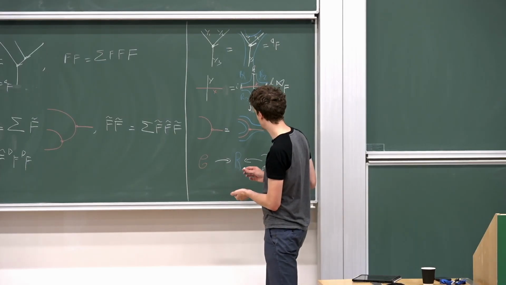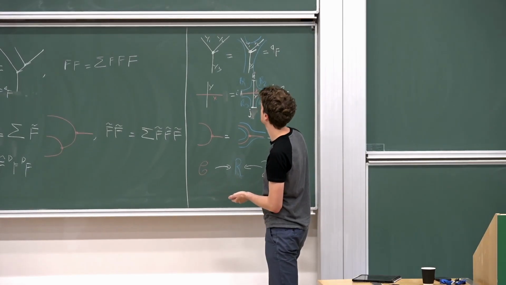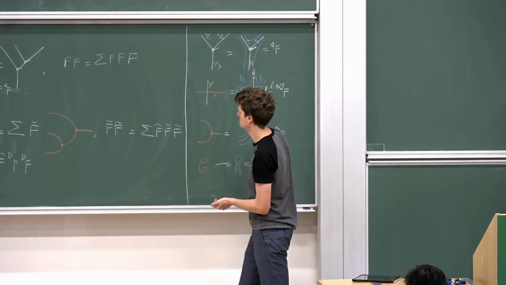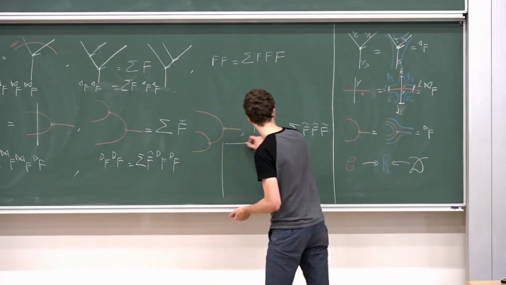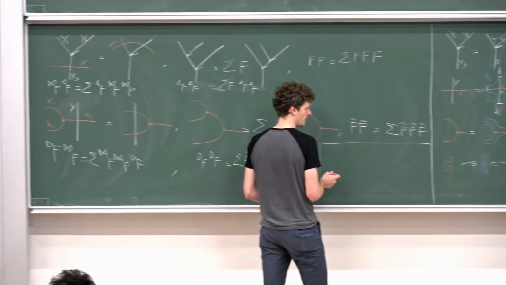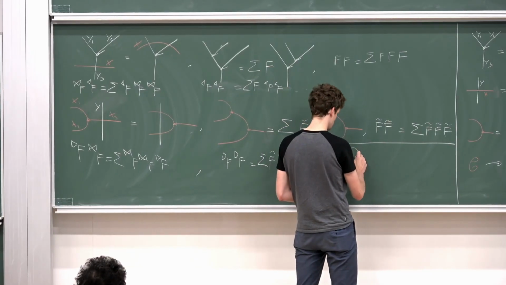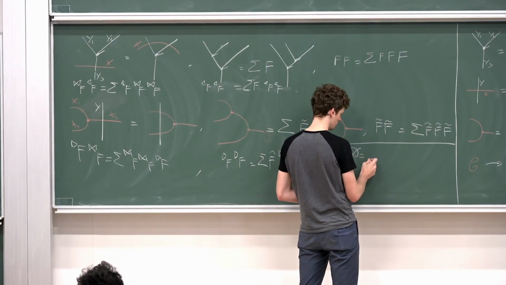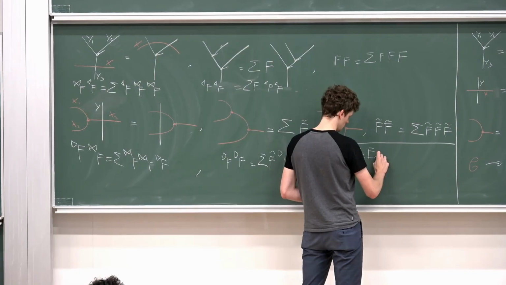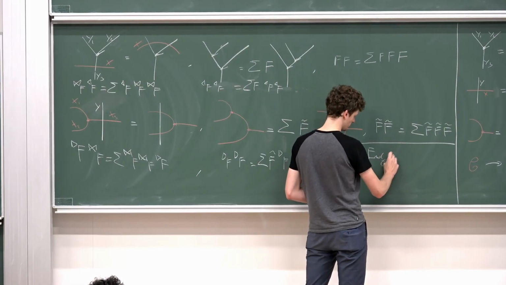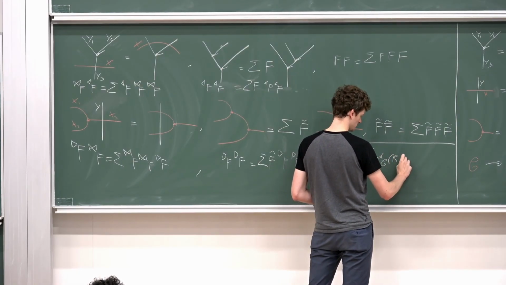So either you think of fixing C and R, in which case D is given as the category of C-module functors from R to itself.